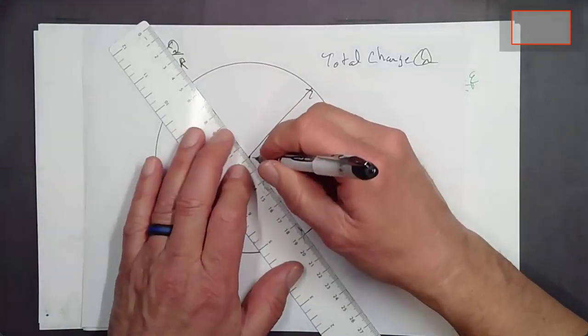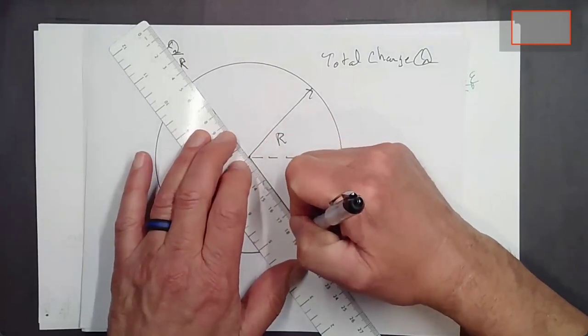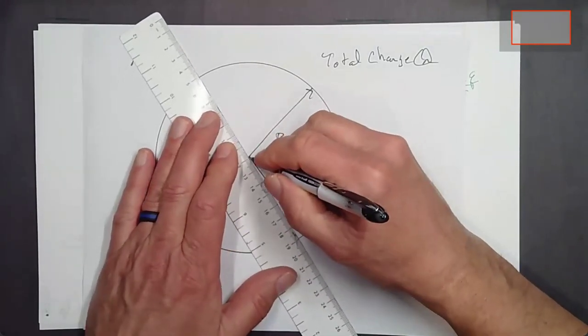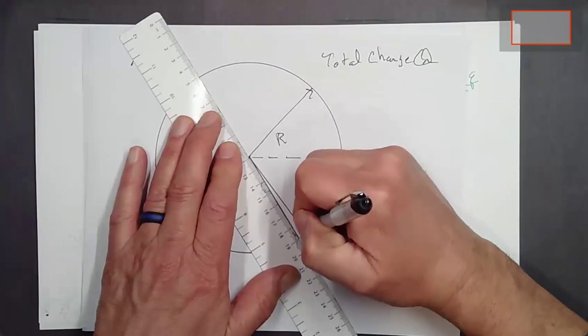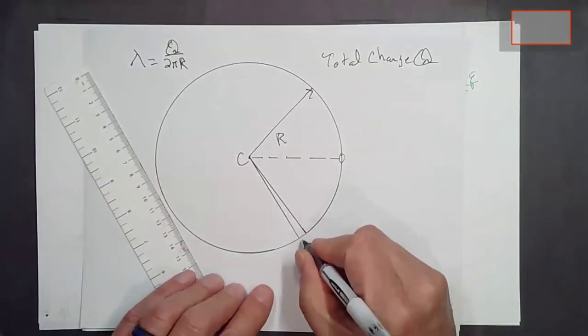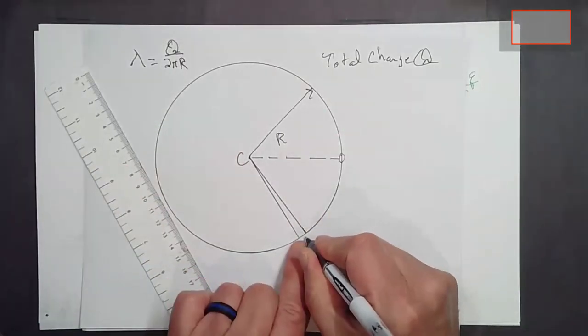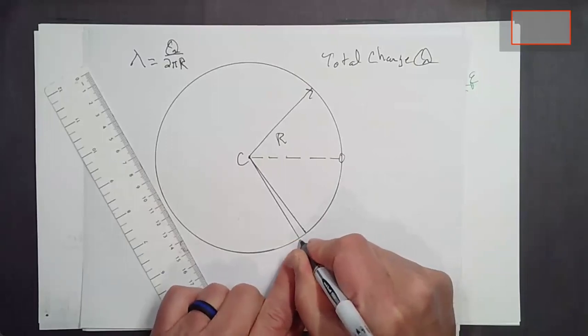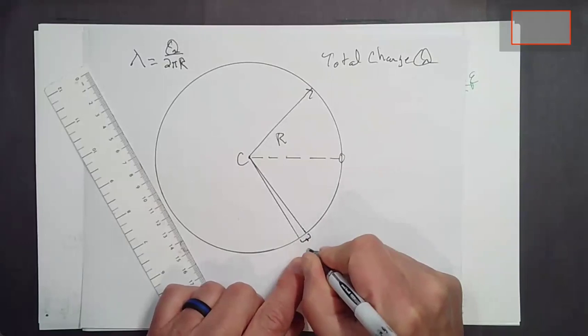And so at some point, I'll be taking into account the charge of a little bit of the circle here. And this little bit of the circle will have a length.